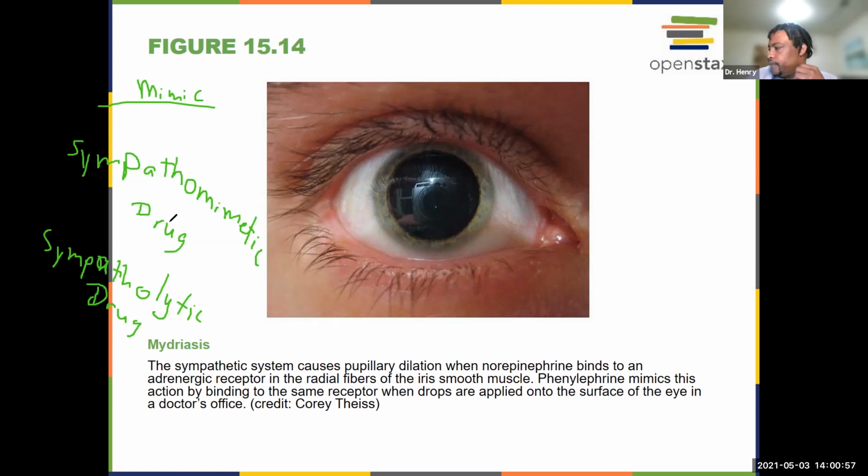Okay, where these guys will act just like the neurotransmitter. So an example of this is Tylenol Sinus.